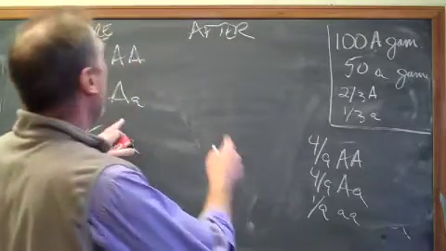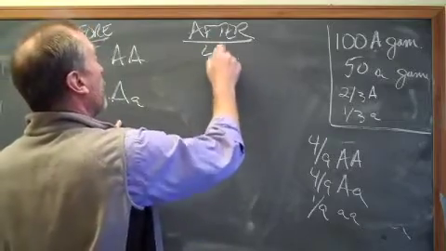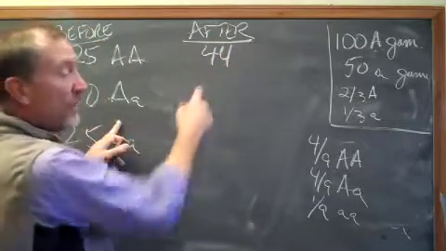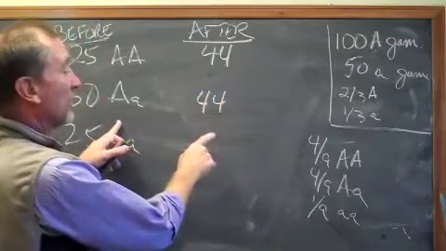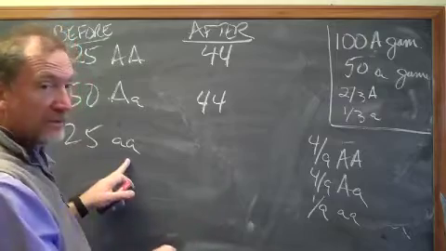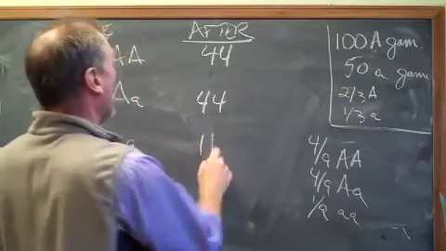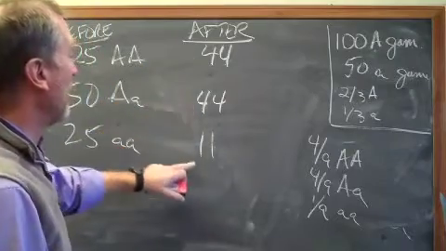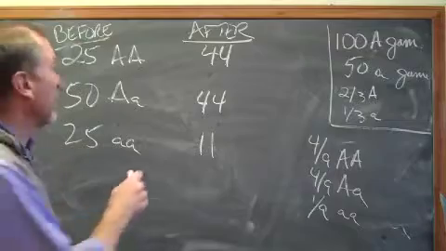So now what we have afterwards is 44 plants that are big A big A, and 44 plants that are big A, little a, and only 11 plants, does that all add up? 88, 99, 11 plants that are little a little a.